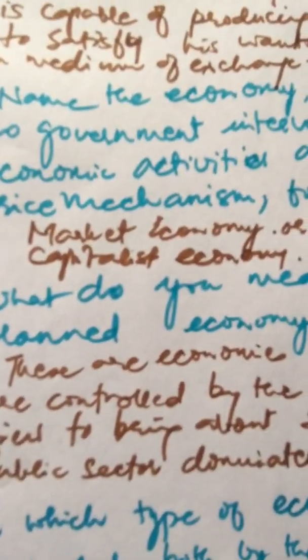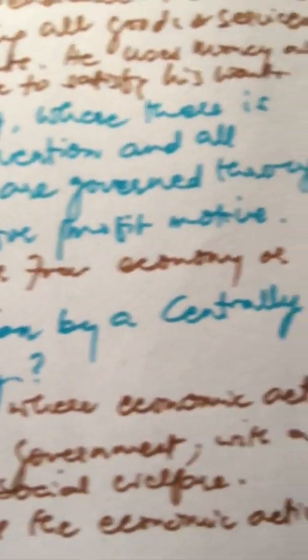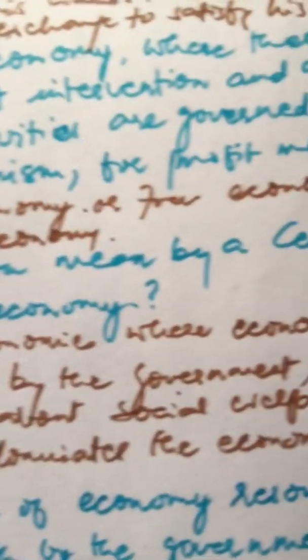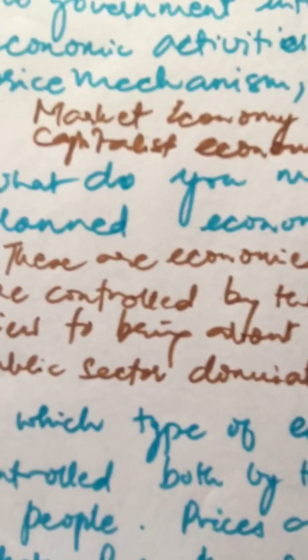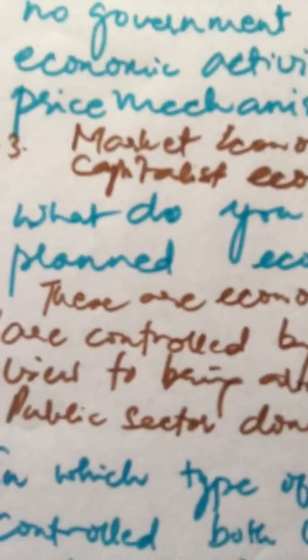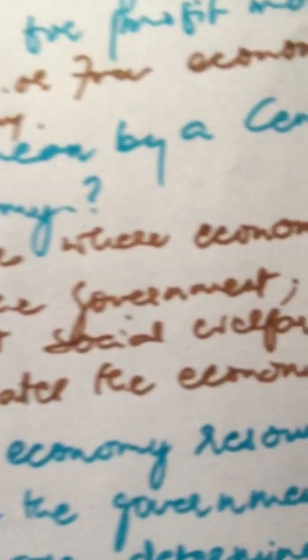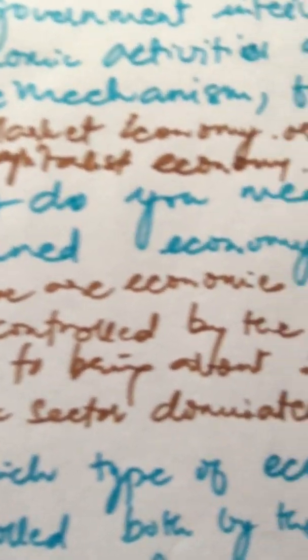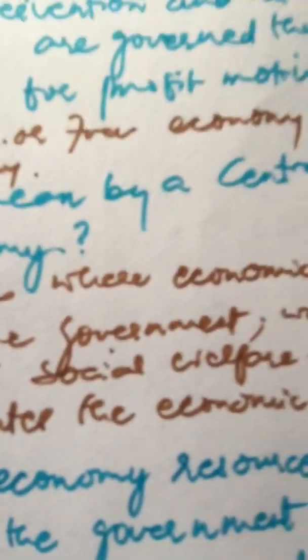Question 4 is, what do you mean by a centrally planned economy? These are economies where economic activities are controlled by the government with a view to bringing about social welfare.